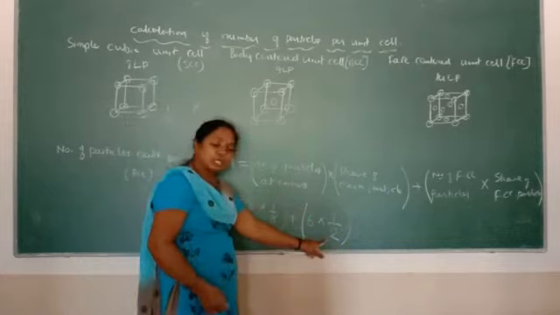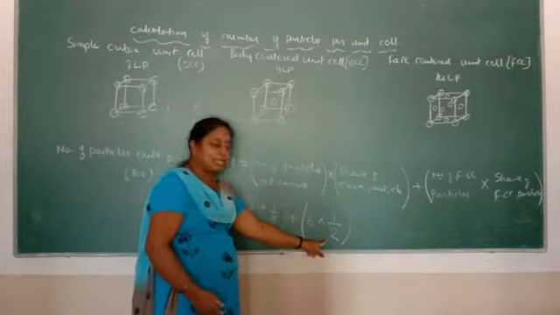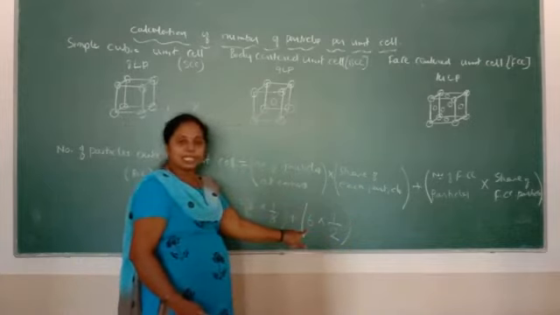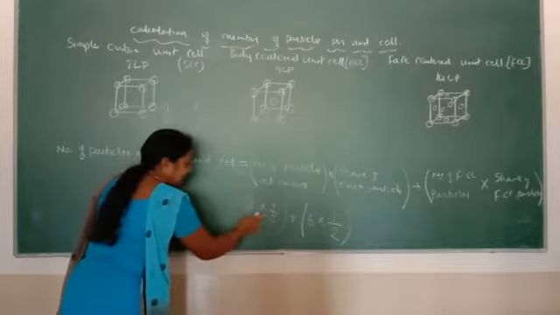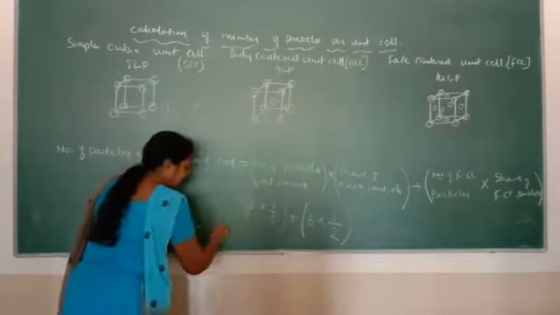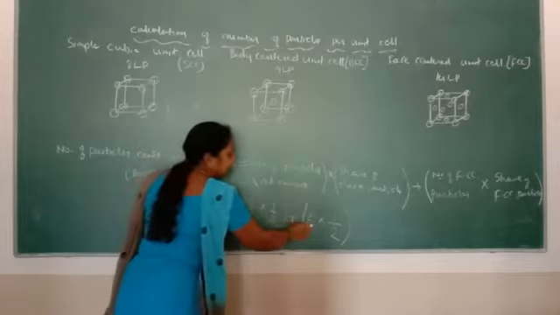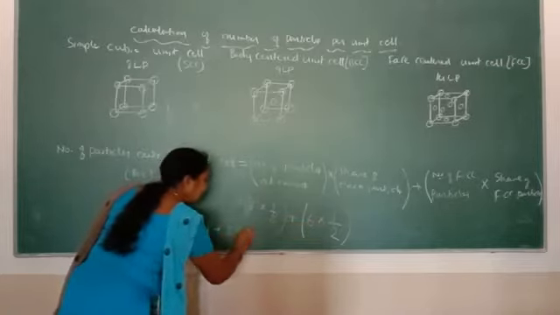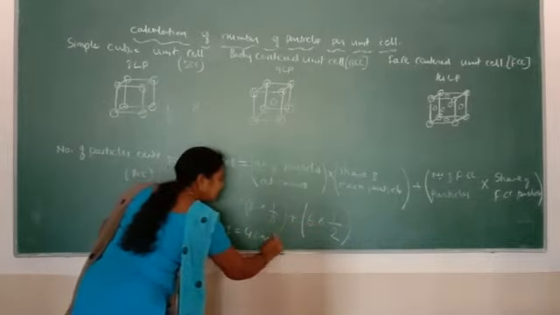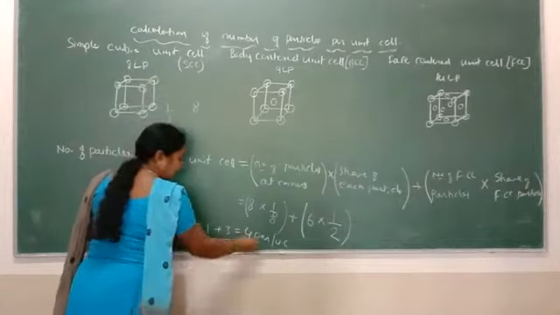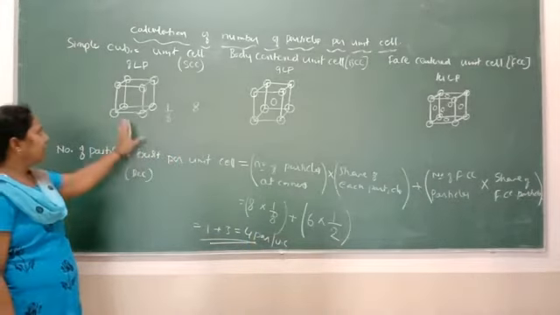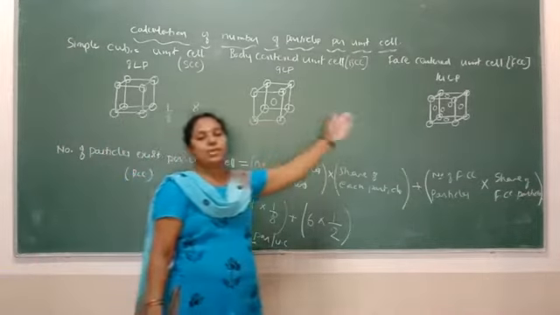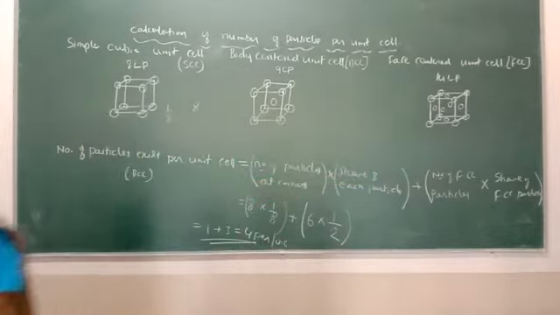So 1 by 8 into 8 is 1, plus 6 into 1 by 2 is 3. Totally 4 particles exist per unit cell. This is the calculation of the number of particles per unit cell in case of simple cubic, BCC and also FCC.